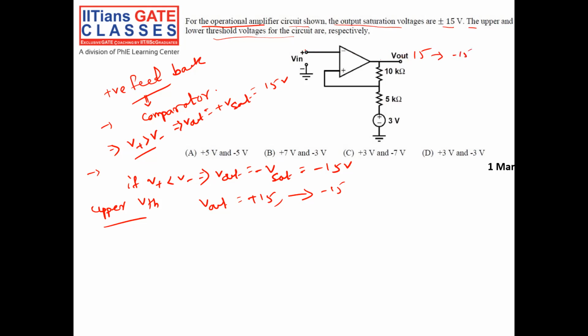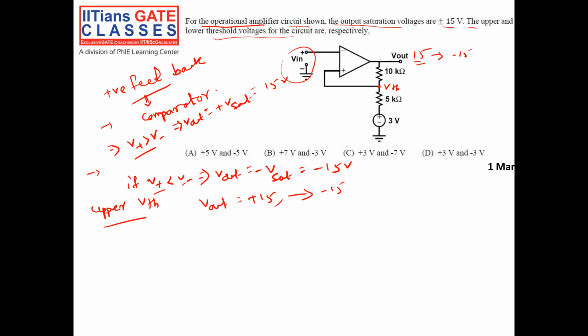When the voltage at the negative terminal is more than the potential at the positive terminal, say VTH. If my V output is 15 volt, there will be some voltage at this node, the positive terminal. To change that state, my V negative should be more than V positive. Then only can I change my state from plus V sat to minus V sat.